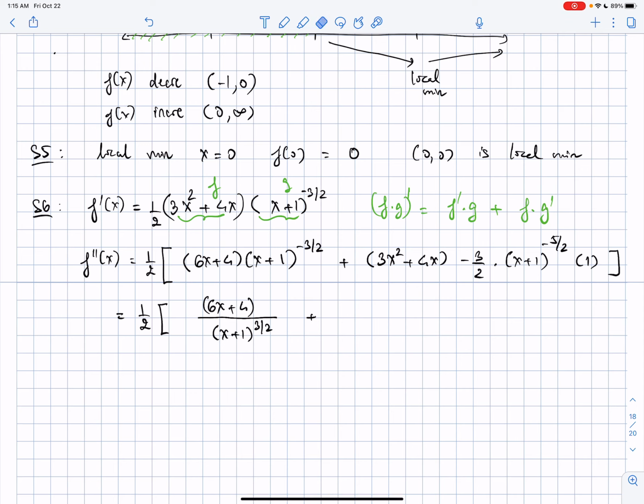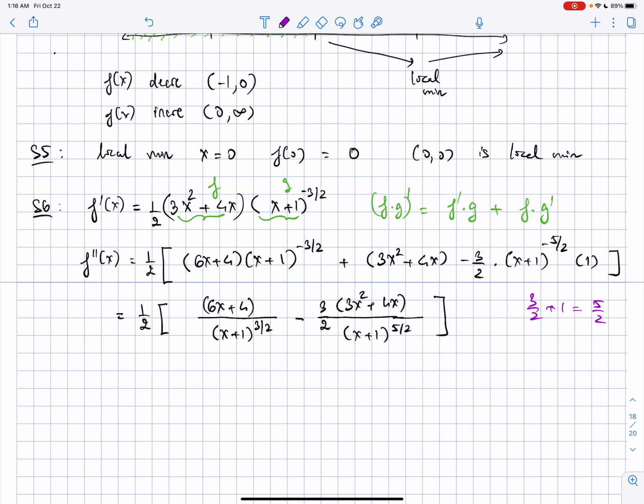So this will be changed to minus, right? Minus 3 over 2. On the top will be 3x squared plus 4x. And in the bottom will be (x plus 1) to the 5 over 2. You know that 3 over 2 plus 1 is 5 over 2.